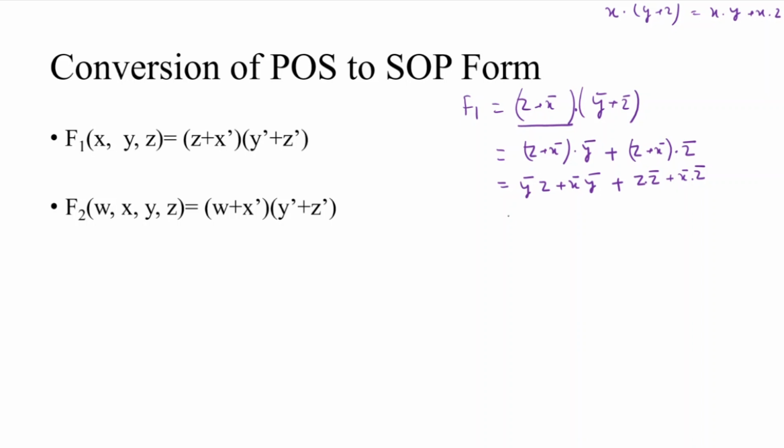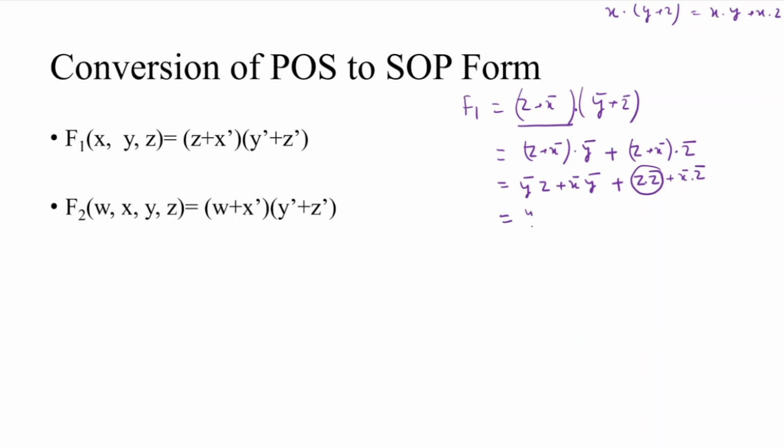Here we write it in the order of x, y, z. Here we see this term z into z complement. So when any particular variable is multiplied by its complement, the result is 0, and when we add 0 with some term, the result is the same as that term.